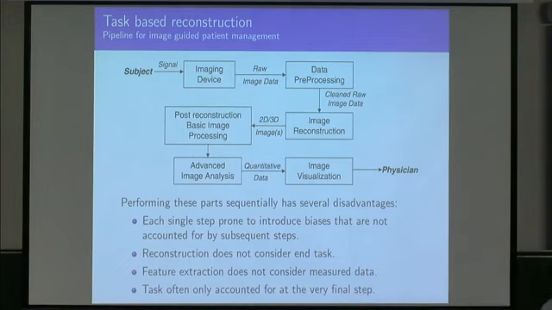When you do them in sequence, the processes for each of these boxes don't necessarily communicate with each other. The reconstruction doesn't necessarily consider the task. The task doesn't necessarily consider where the data really came from. The task is often done at the very end, and so on. So it's not so surprising that the end pipeline is not necessarily optimized for the specific task at hand.